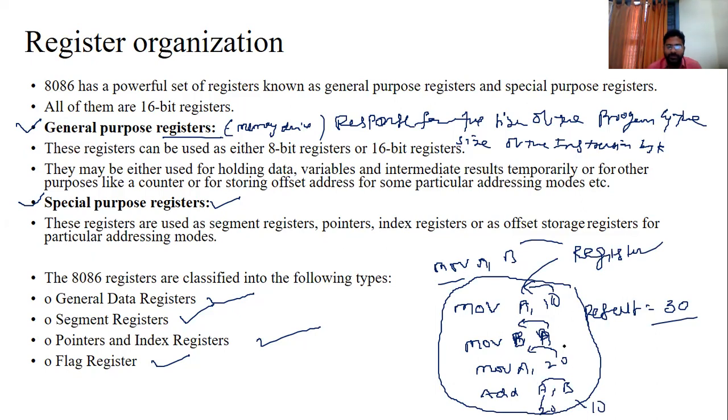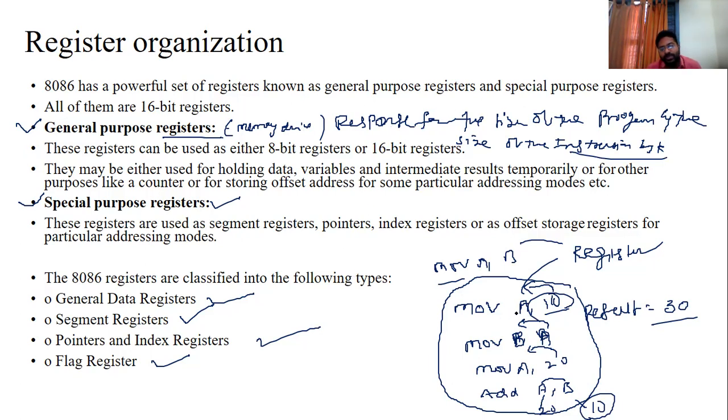Whenever microprocessors perform this type of operation, the information is available in the registers, so the instructions are executed within those registers. That's why registers are very essential.